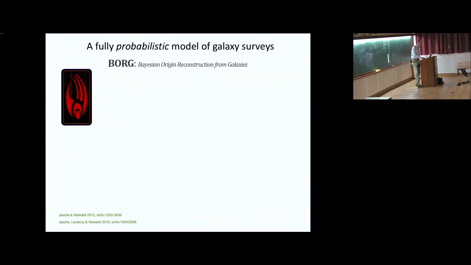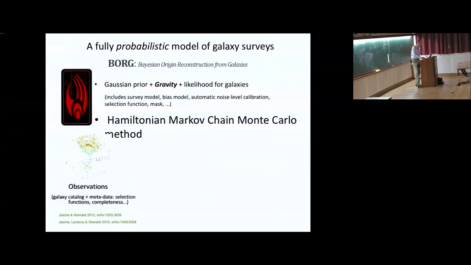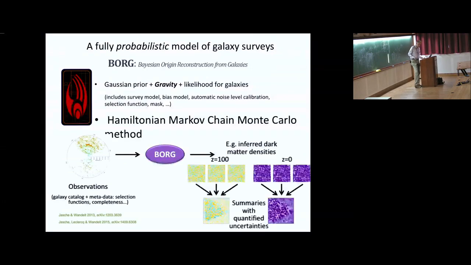But another example of Hamiltonian Monte Carlo, which I mentioned at lunch, discussing with some people, is a full forward model for a galaxy survey, which we call Borg, the Bayesian Origin Reconstruction from Galaxies. We start with the Gaussian prior on the metric perturbations, the potential. Then gravity moves matter forward into filaments, clusters, creates voids.